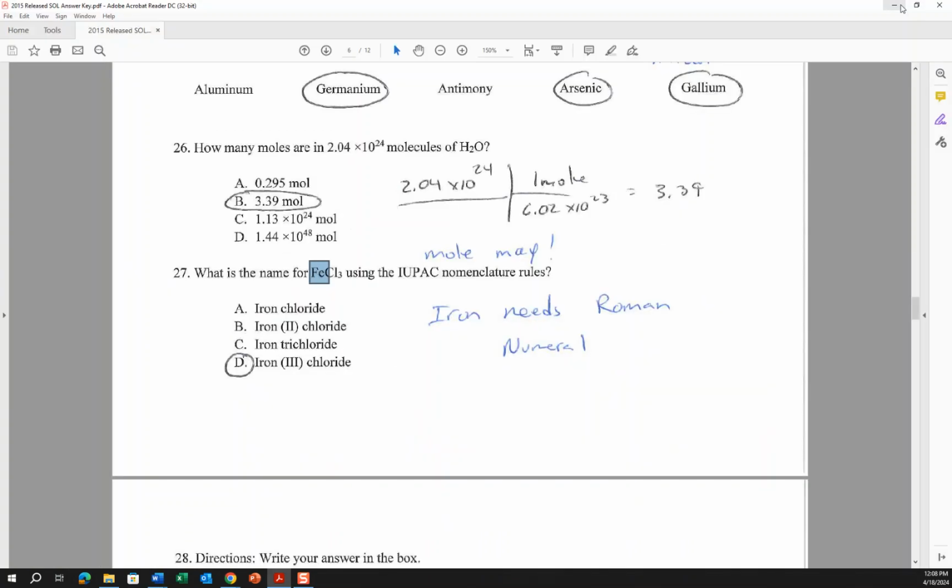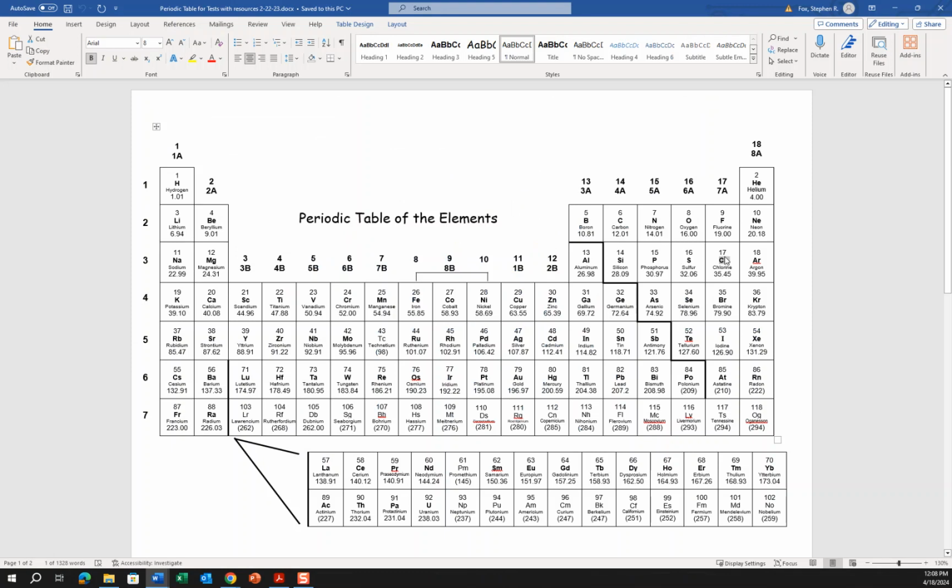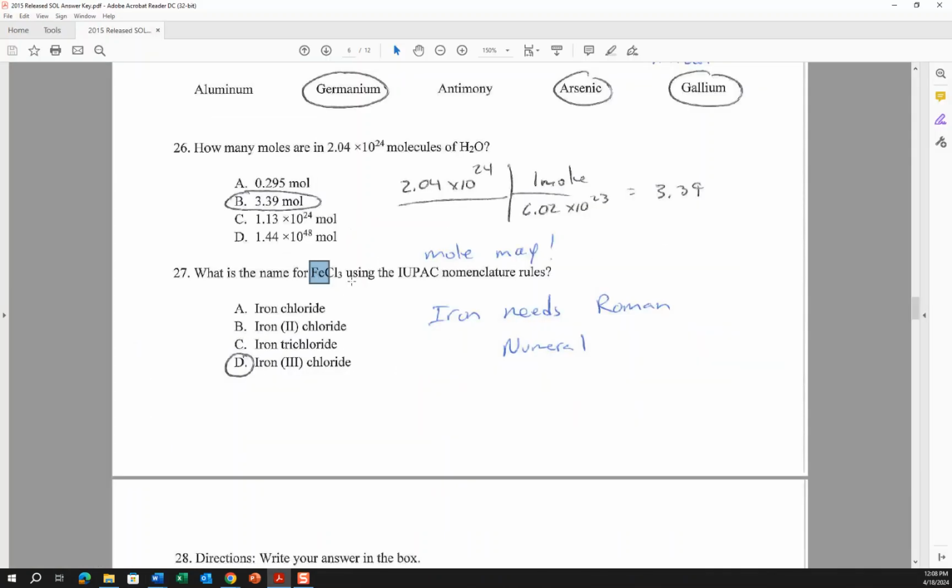So the total charge of 3 chlorides would be 3 minus, and since you have 1 iron, that means the iron would have to be 3 plus. It doesn't always work, but if you had no idea how to figure out what that Roman numeral was, a lot of times the subscript of the anion is the Roman numeral of the cation. That's not always the case, but if you had to roll the dice, I would say maybe a 60% chance that's going to work for you if you know you need a Roman numeral in your name.